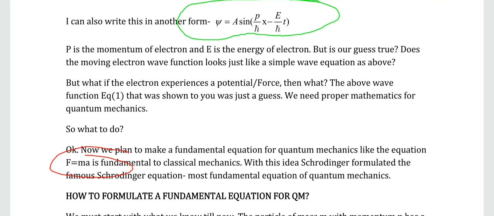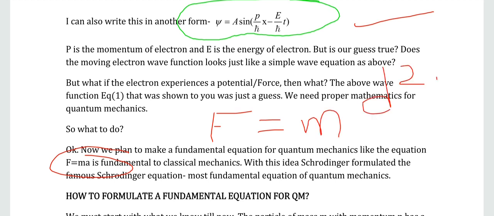So now the idea is, can we have an equation from which we can derive this psi equals A sin(kx minus omega t)? That is, can we have a basic equation which relates to the quantum behavior of the electron? The classical behavior of the electron is related to force equals mass into acceleration, which is a differential equation, because I can write force equals mass times d square x by dt square.